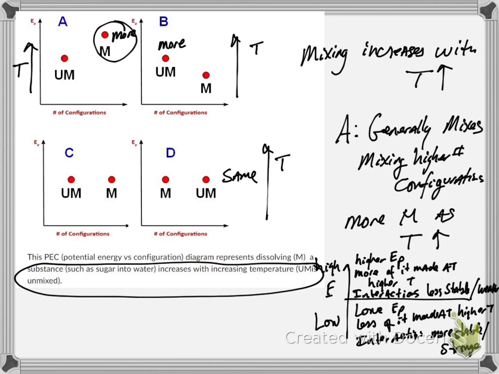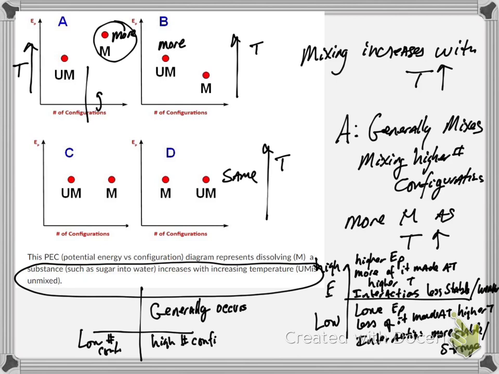I want you to keep this in mind in terms of the y-axis. For the x-axis, high number of configurations, low number of configurations. Whatever state is in this place generally occurs. So if we do that, we look here, generally mixes.